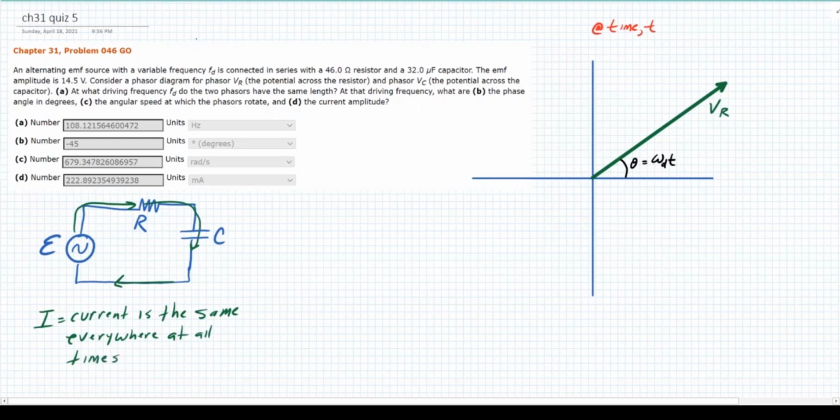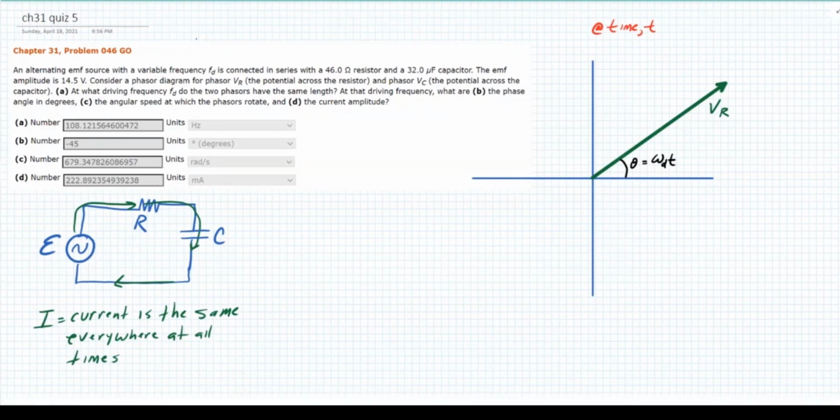That is a good fallback position. You have voltage shifts and phase shifts going on, but the one master clock is current. So at some arbitrary time t, there's the voltage drop across my resistor.